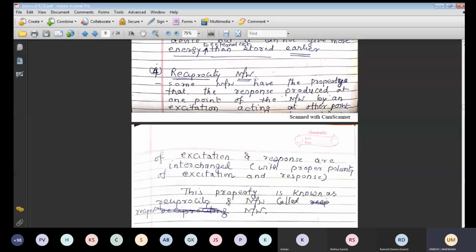Now in the reciprocity property, before I explain the reciprocity theorem, I am giving two elements. One is known as the source, and the other is known as the response.